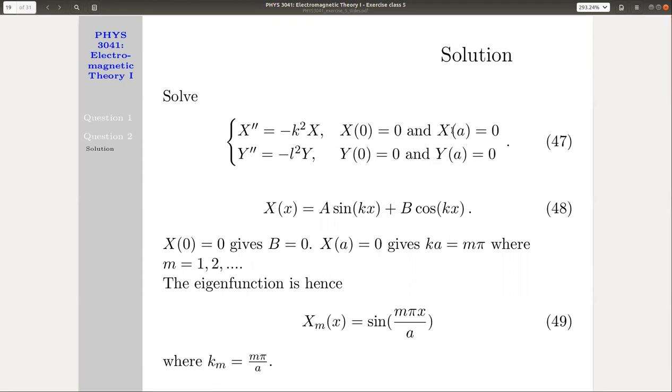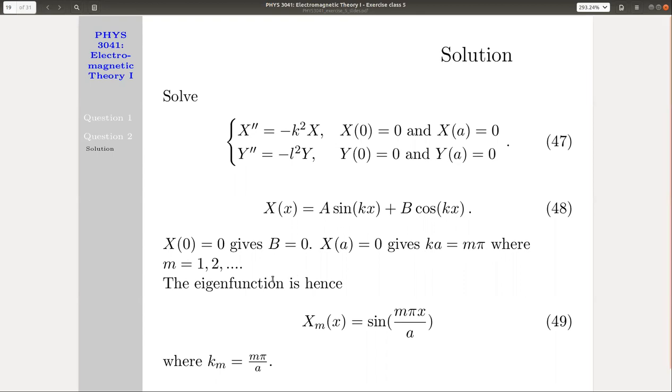Then we impose the second boundary condition, x of a equals 0, and we substitute x by a. Here, A cannot be 0, otherwise we would have X to be 0. So this implies that sine ka will be equal to 0, which means ka has to be equal to m pi, where m is some positive integer.